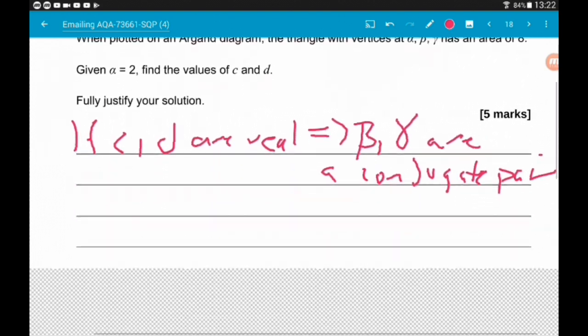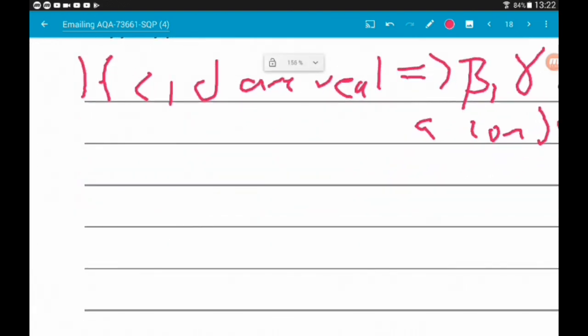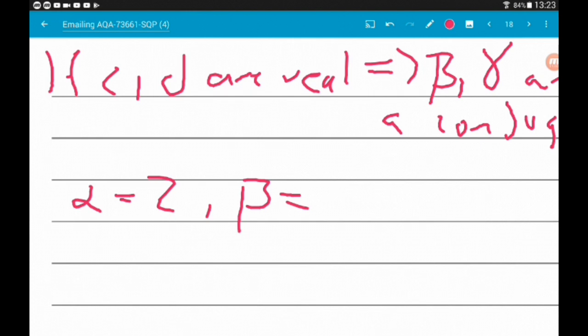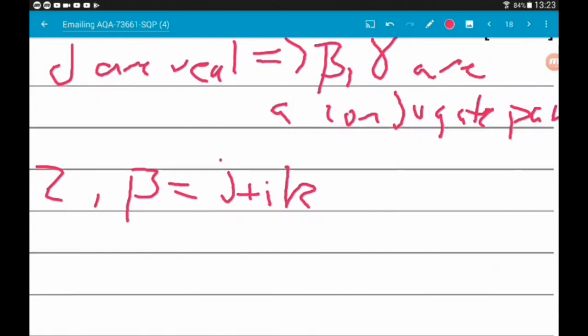So we could say alpha is equal to 2, beta is equal to j add ik, and gamma is the conjugate of that, so j minus ik.